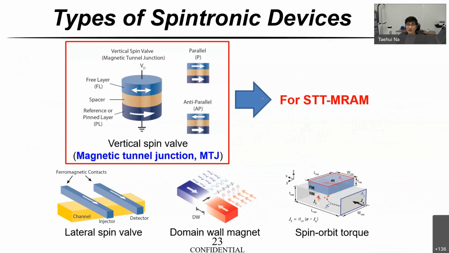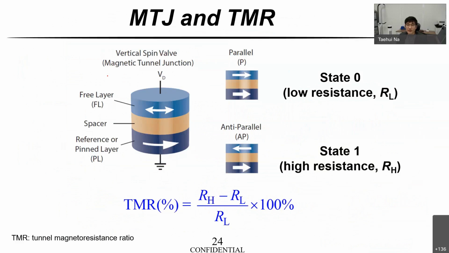There are many types of spin tunneling devices. For STT-MRAM, we use the magnetic tunnel junction. In the case of the magnetic tunnel junction, the MTJ, there is the pinned layer, the reference layer. It means this magnetization direction is fixed, not changeable.